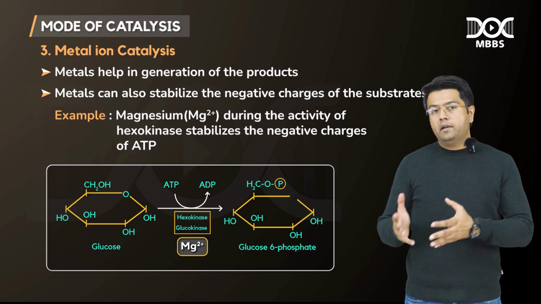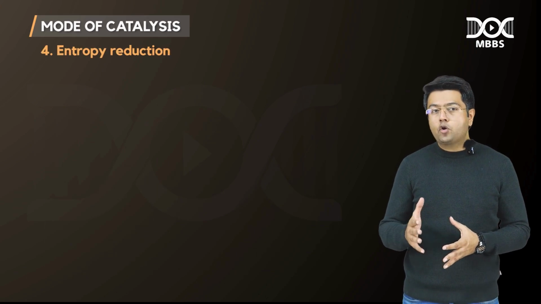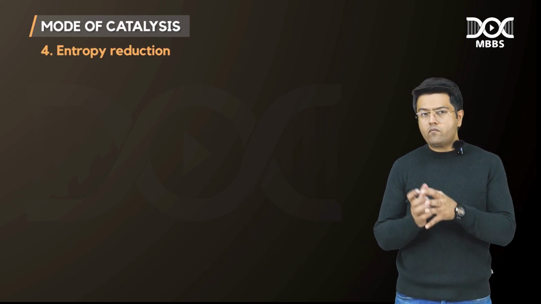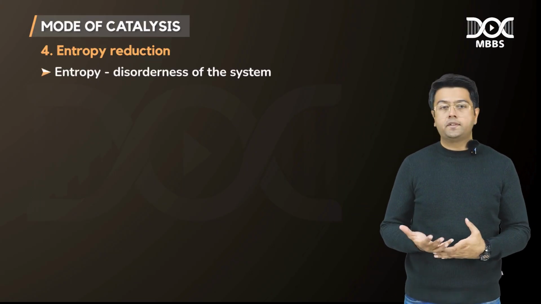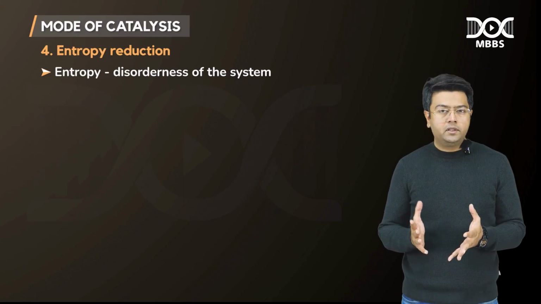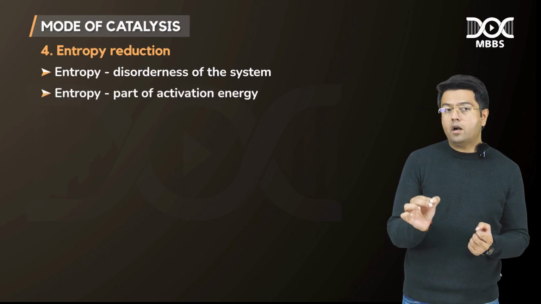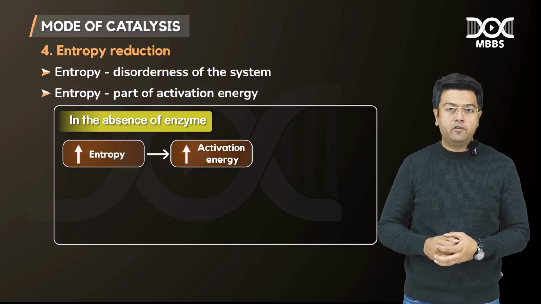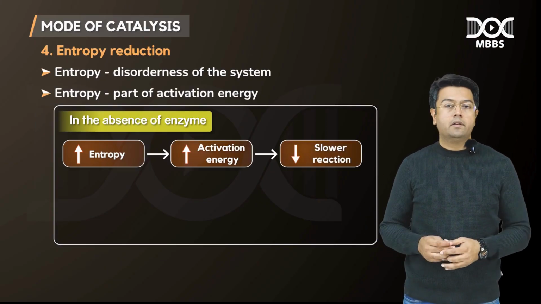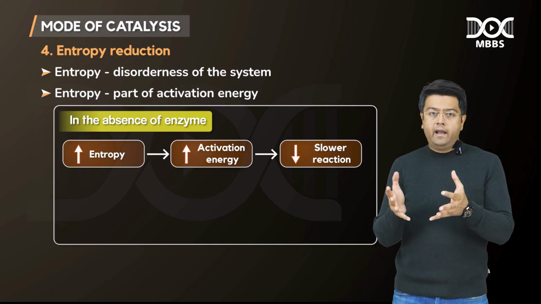Fine, guys. Next is called entropy reduction. Guys, what is entropy? Entropy simply means the disorderliness of the system, right? And guys, remember one thing, that entropy is part of the activation energy. The more the entropy, the more the activation energy, and the slower the reaction, right? So how does the enzyme act here?